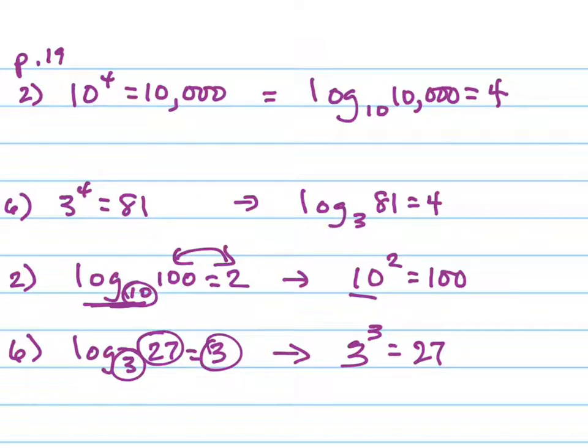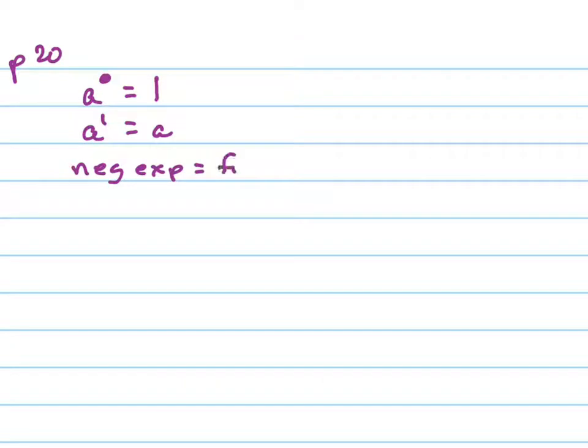Okay, now if you look at the top of page 20, in that chart, it's talking about some tricks, and we talked about these with the exponential forms. So remember that if you have anything to the 0 power, it always equals 1. Anything to the first power is equal to the number itself. If you have a fraction, a negative exponent gives you the fraction. So if you have a fraction, you can get rid of it by using a negative exponent.